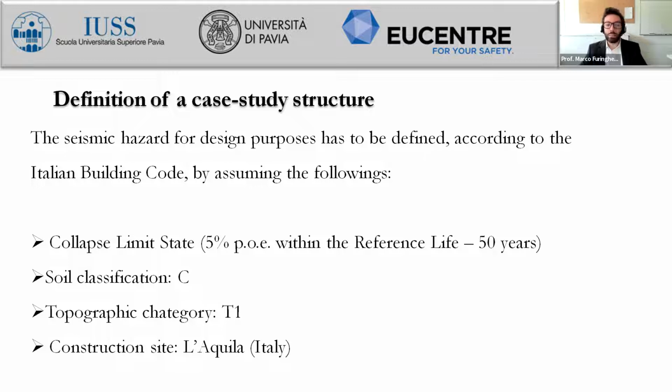And the collapse limit state for the Italian building code is mandatory whenever we have to check the properties and the proper work of the isolation devices. So whenever we have to consider isolators to check the displacement demand and so on, we have to consider the collapse limit state.